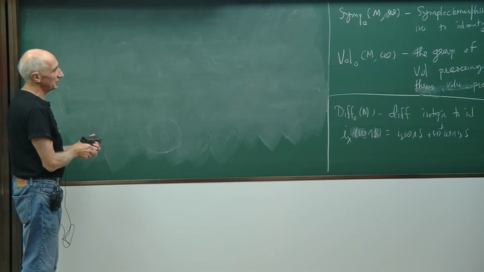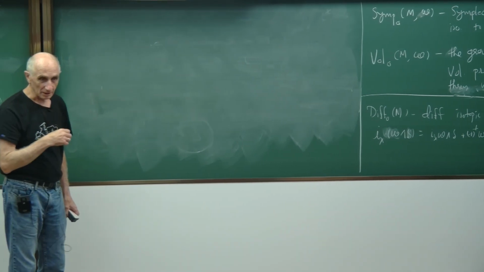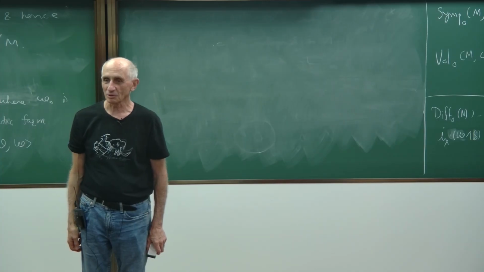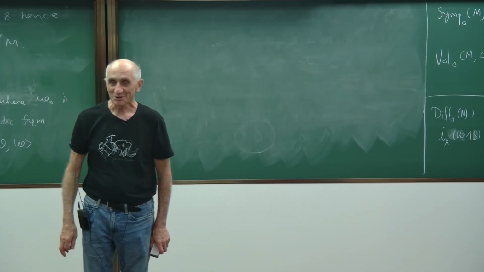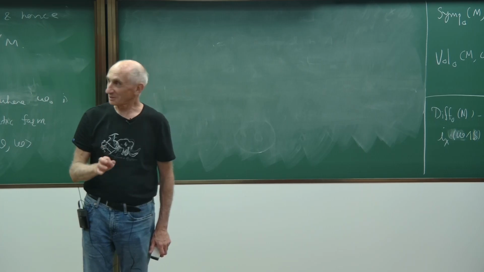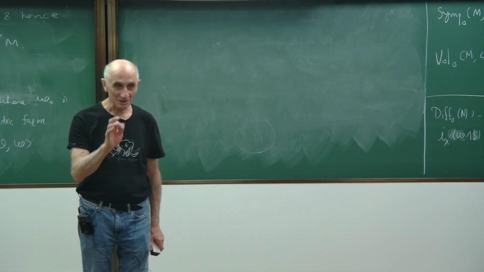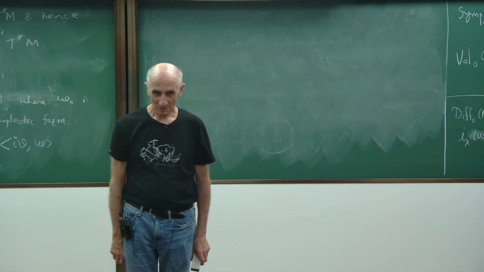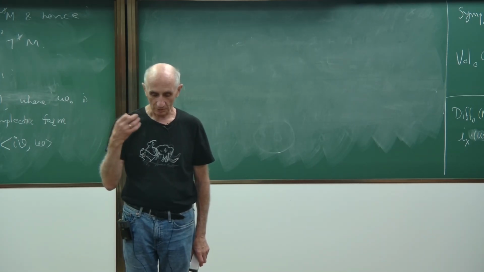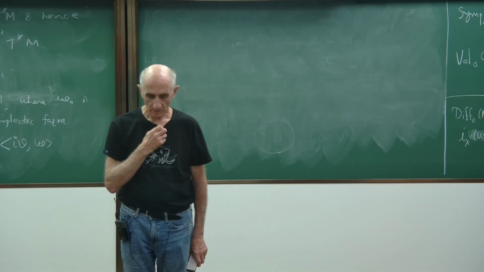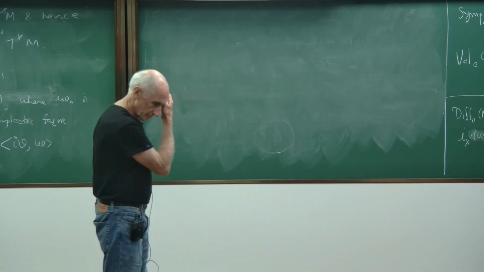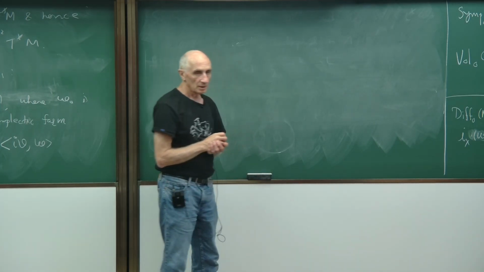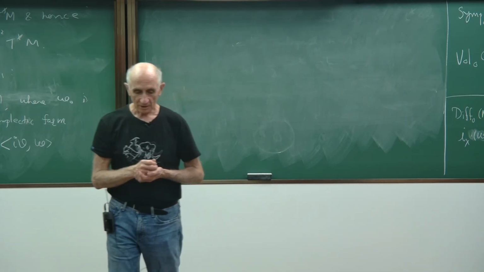So how does the theory of holomorphic curves work? Does anybody know anything about this? Okay, so let me give a 10-minute introduction to the theory of holomorphic curves. Okay, so here's the point.